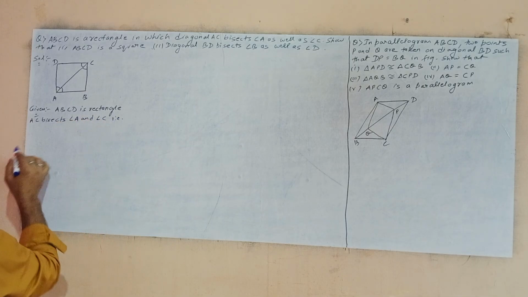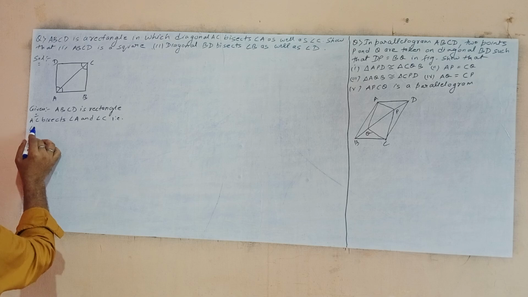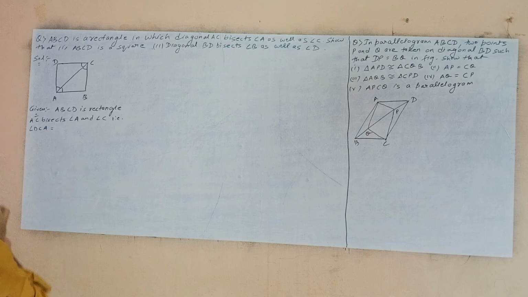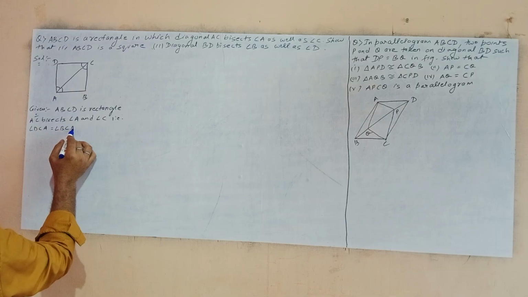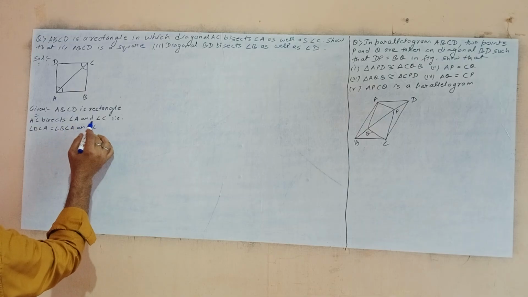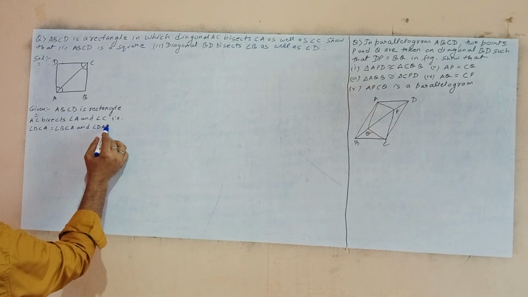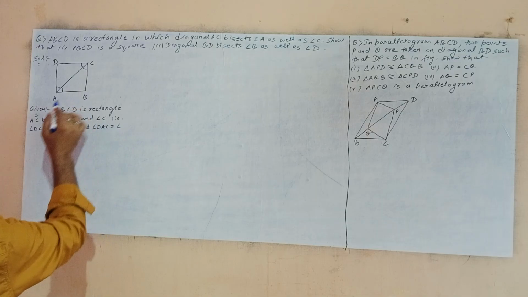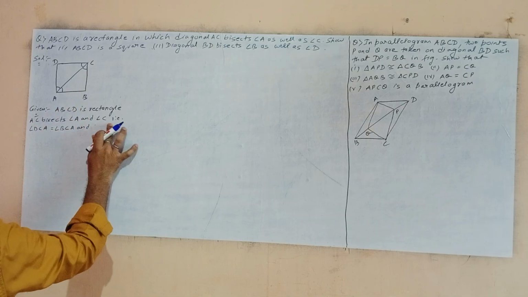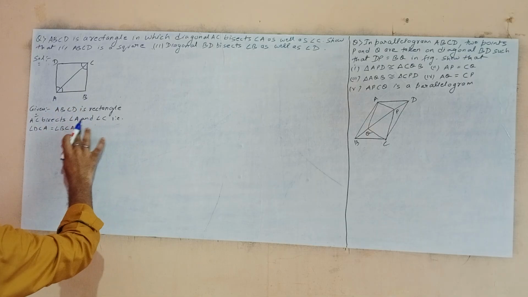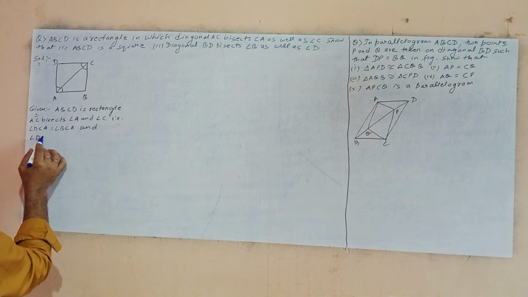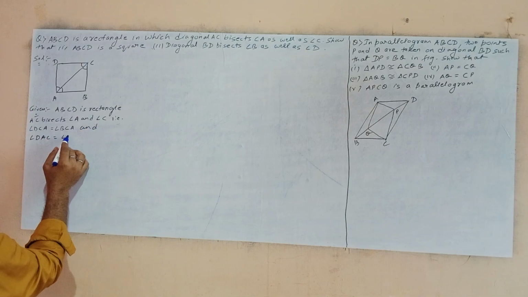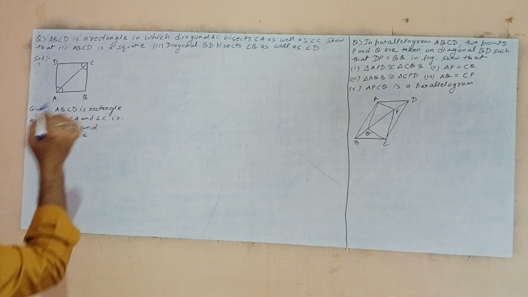That is, you will write the meaning of this: angle DCA is equal to angle BCA, and angle DAC is equal to angle BAC. This is given.